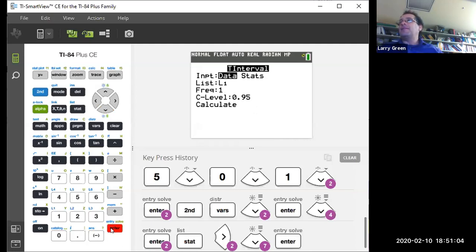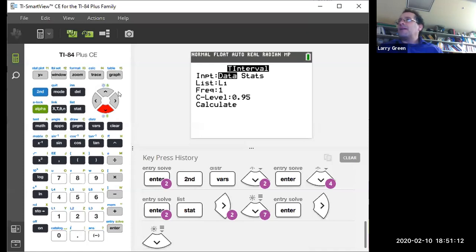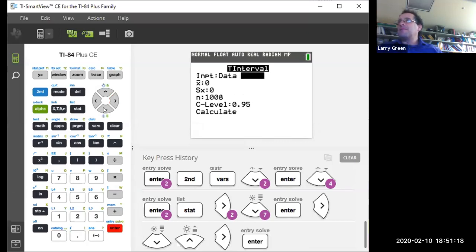Then I hit enter. And then it's going to ask you, do you have data or do you have stats? We have statistics. Oops, lost it. One more time. We have statistics. That's better. It asks us for the x bar, and x bar was 12.